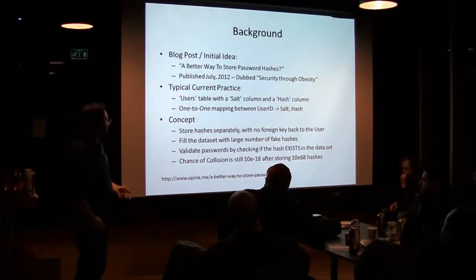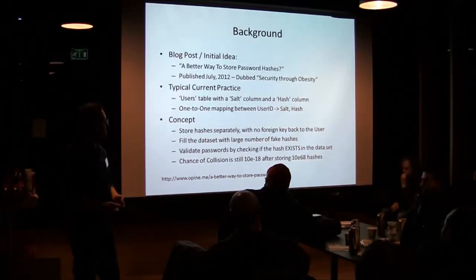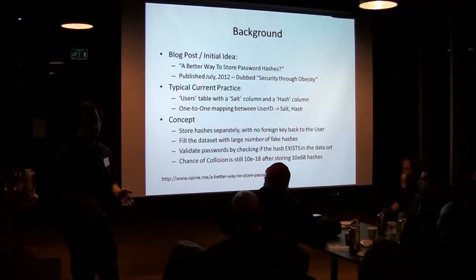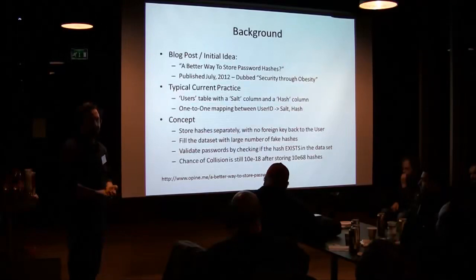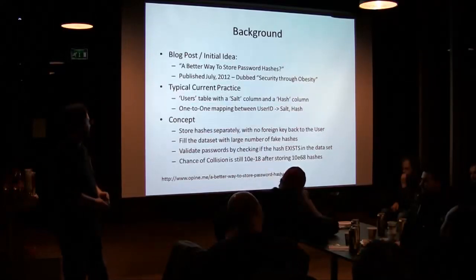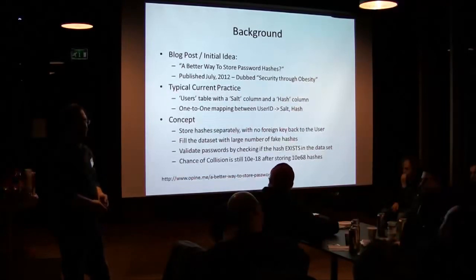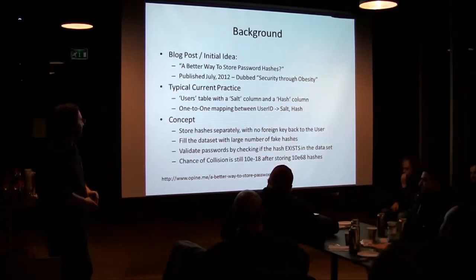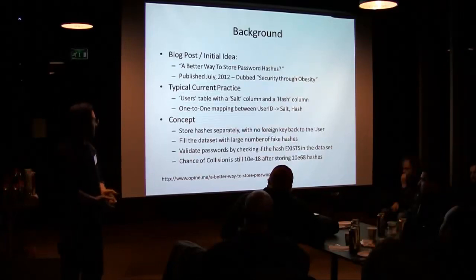What if we stored the hashes separately with no foreign key pointing back to a specific user? And then, well, we have this list of hashes. That's all it is. List of 32-byte values, for example. What if we just made the list arbitrarily large by just throwing random data into it? Pick a number. 100 terabytes sound good? And what if we just validate passwords by checking if the hash exists in the data set?